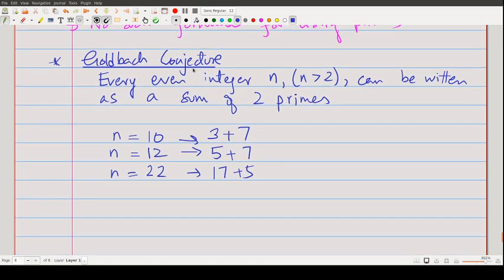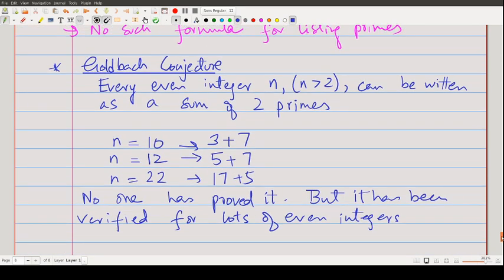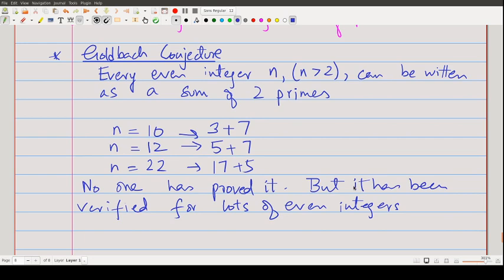Now it's called a conjecture, not a theorem, because no one has proved this yet, but it has been verified for lots of even integers. So if you want to become a famous mathematician, just try and prove this. It's a very simple conjecture, but no one has been able to prove it yet.